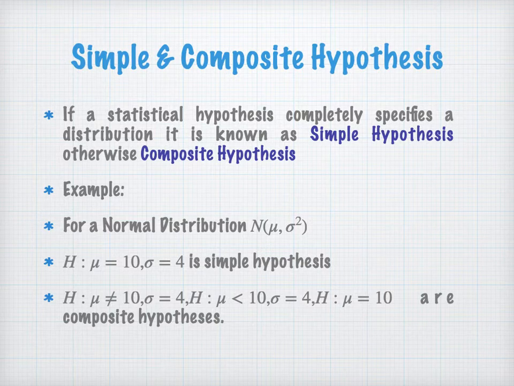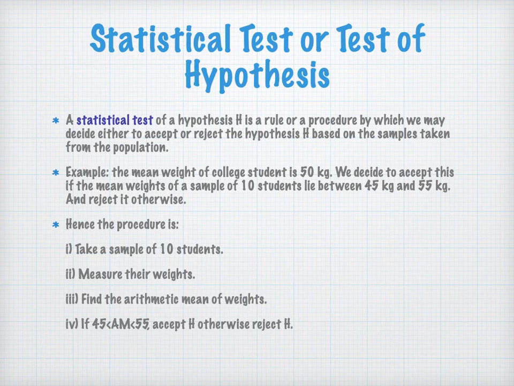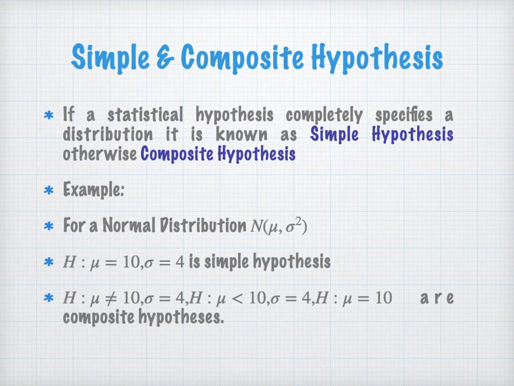Our first example was the hypothesis: the mean weight of a college student is 50 kg. Next it was: the weight of the college students follows a normal distribution. That hypothesis just says the weight of the college students follows the normal distribution. It doesn't say the normal distribution with any parameter values.